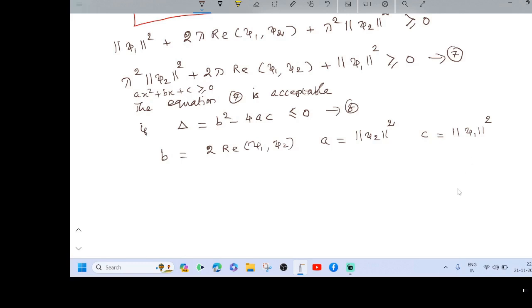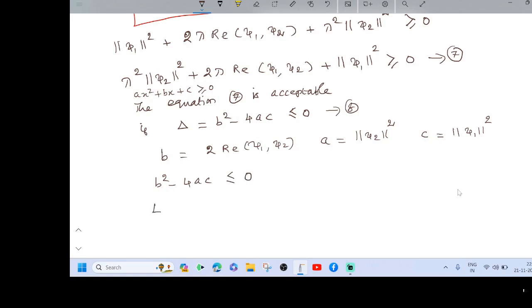If it is the case, we need b square minus 4ac to be less than or equal to 0.